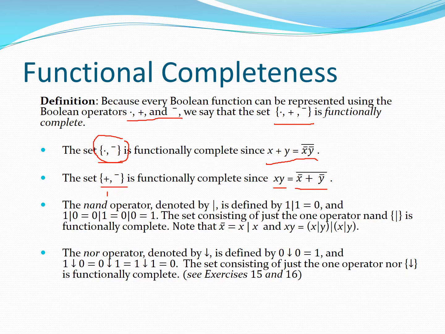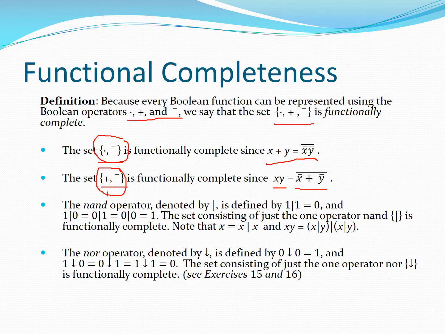So a product between two variables can be represented without using the product operator. And therefore we say that the set containing just the sum and the complement is functionally complete.